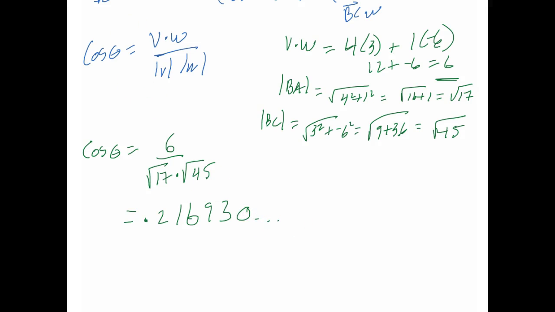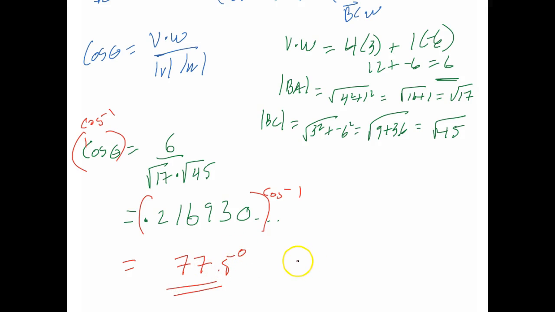And again, to get rid of the cosine, you take the cosine inverse of both sides. And again, you could do it in radians to be correct, but you're not going to understand as well unless you do it in degrees. If you do it in degrees, you get 77.5. So again, 3 sig figs, degrees. And that's the angle between those two vectors.